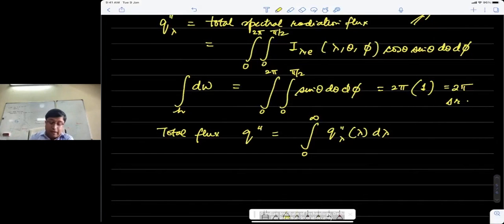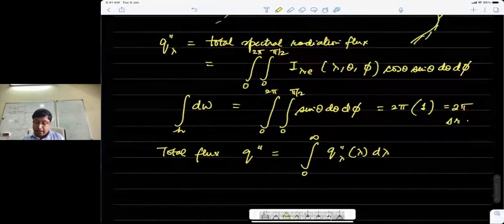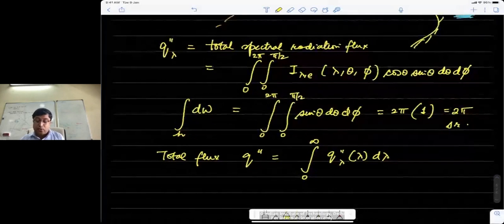Earlier we wrote it for only one wavelength; now we are saying it's for all wavelengths. These quantities you will see very commonly when we talk about radiation. We use intensity to determine different fluxes very commonly.